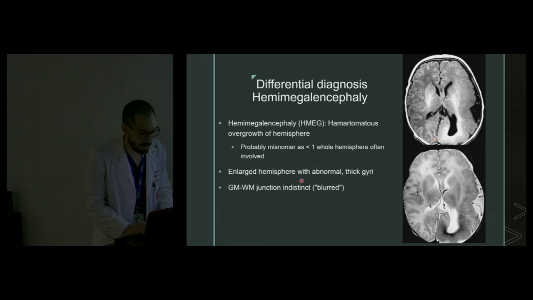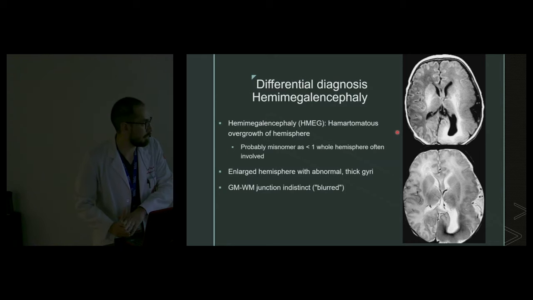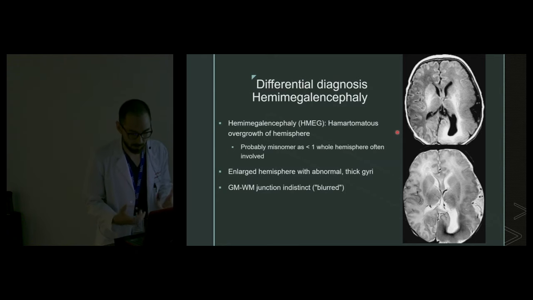We can see an enlarged hemisphere with abnormal thick gyri, and the gray matter and white matter junction will be blurred. The reason this disease is a differential diagnosis is that we see an enlarged contralateral hemisphere. It could make the other hemisphere look atrophic.